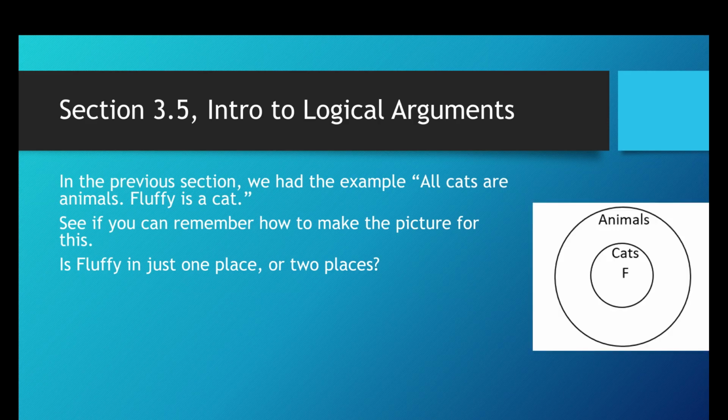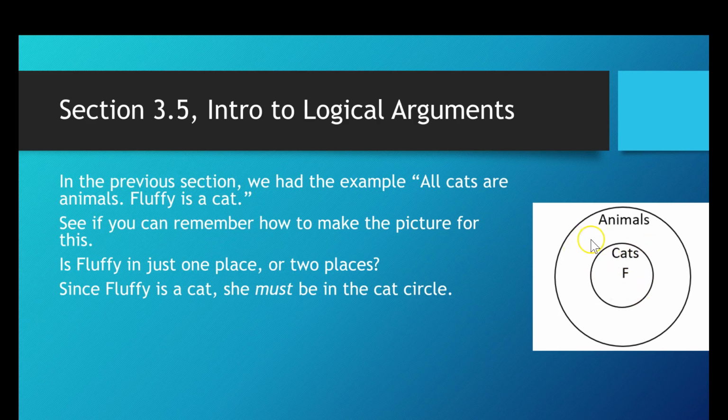Let's see if you got it right. So we have all cats are animals. The first thing in the sentence, cats, is inside the second thing, animals. And Fluffy is a cat. So Fluffy has to be inside the cat circle and she can't be anywhere else. The important thing is this premise, Fluffy is a cat, tells us that Fluffy has to be in here.